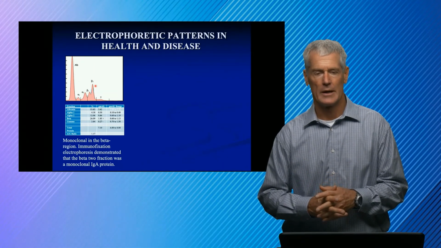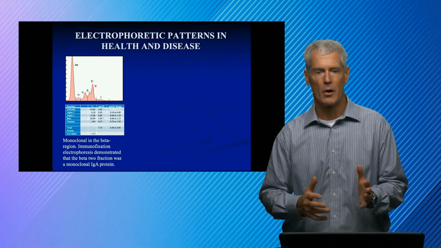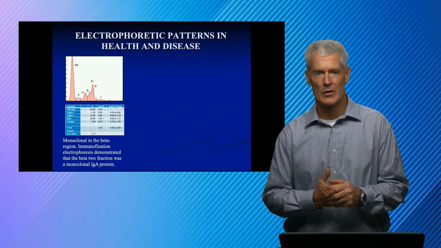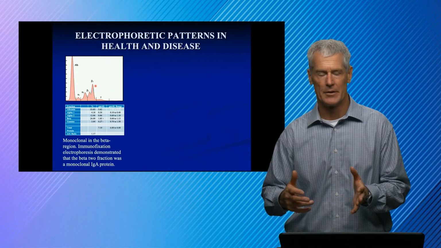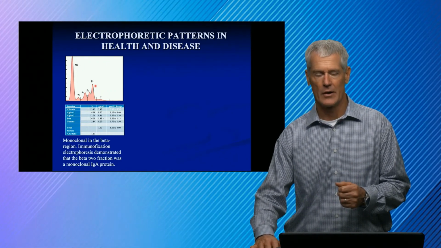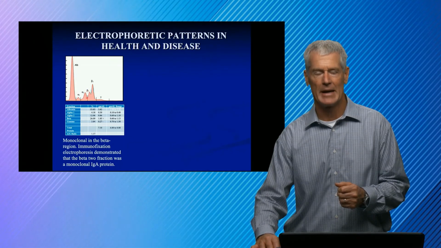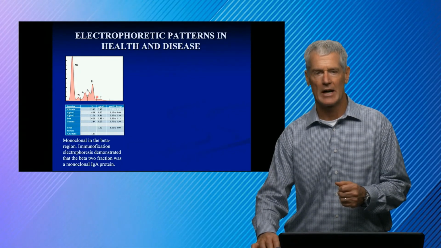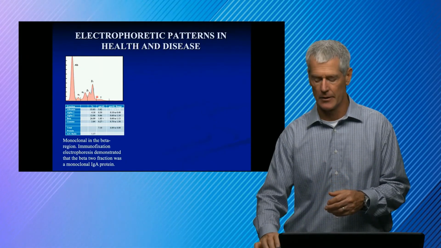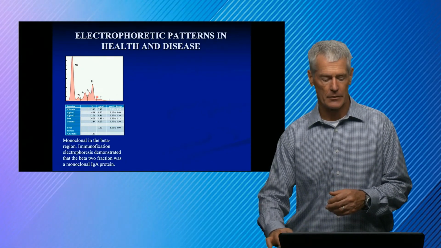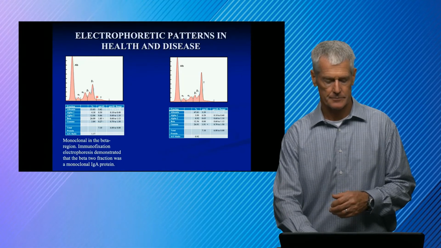And so some of these monoclonal proteins can show up in multiple different regions, and that's why we do an IFE, because it is staining for specific immunoglobulins and will show if there is an immunoglobulin hiding. So anytime you have an elevated beta region, it's advisable to do an IFE because there might be a monoclonal hiding underneath the other beta proteins.